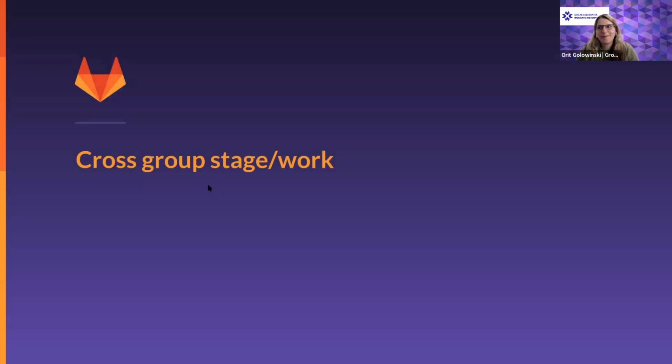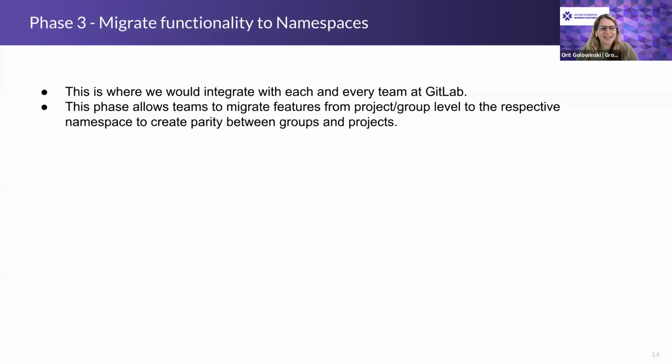In terms of cross group and stage work, this is really exciting for me because all of you have an opportunity here to collaborate with the Workspace team. We would integrate with each and every one of the teams within GitLab.